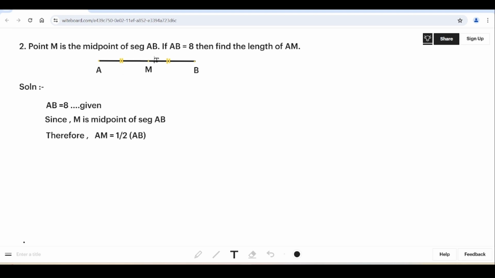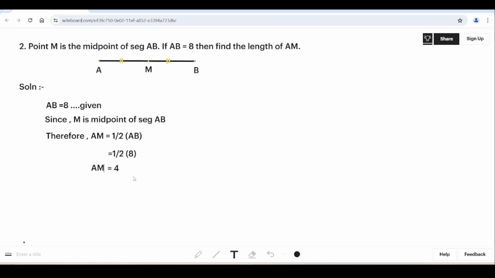Because it divides it into 2 parts, 1 and 2. Therefore, AM is half of AB. So AM is equal to half of 8, and that's equal to 4. Therefore AM is equal to how much? 4. This is the answer.